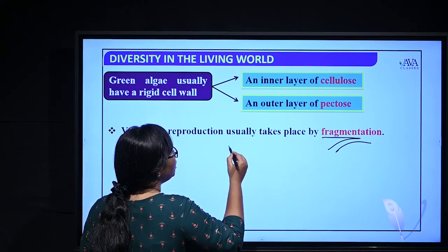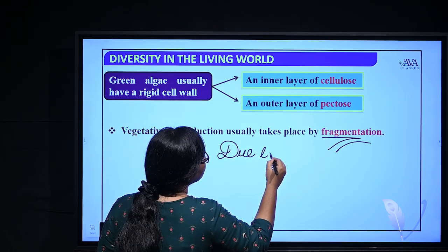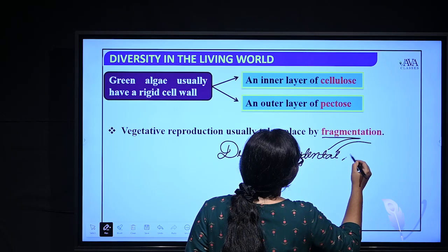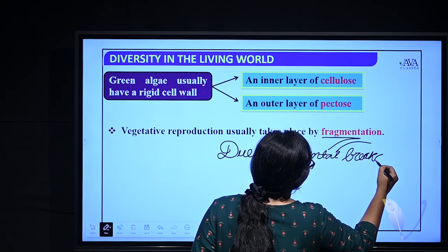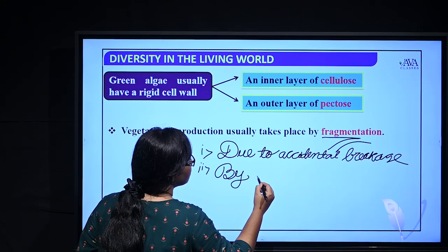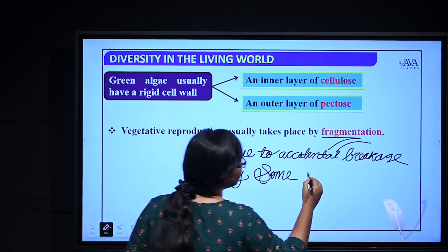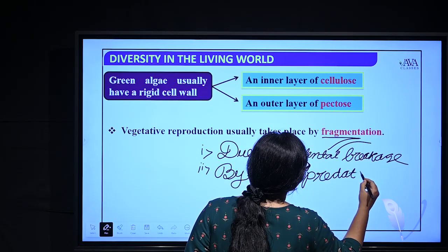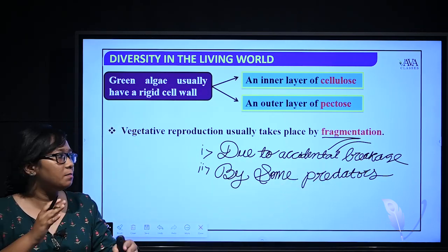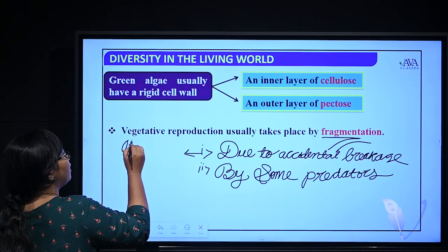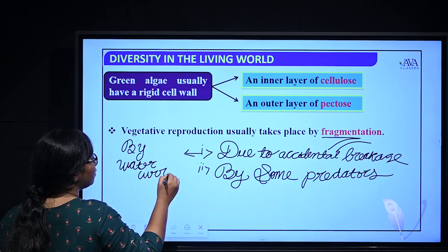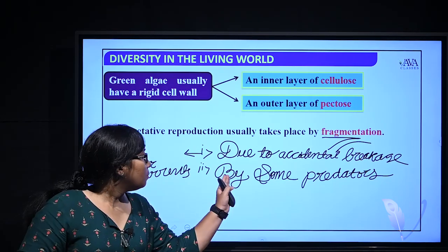Because of accidental breakage, for example by water currents, or by some predators.